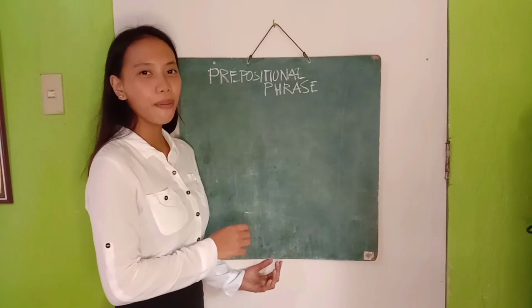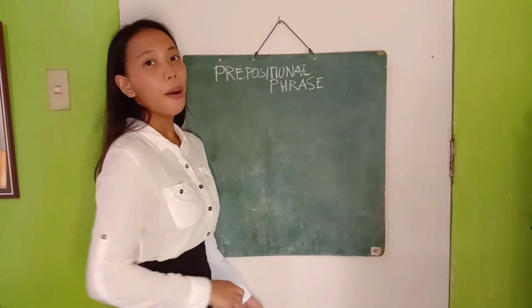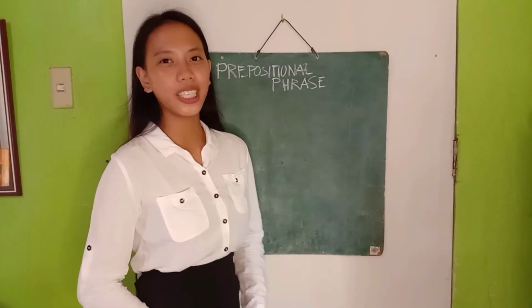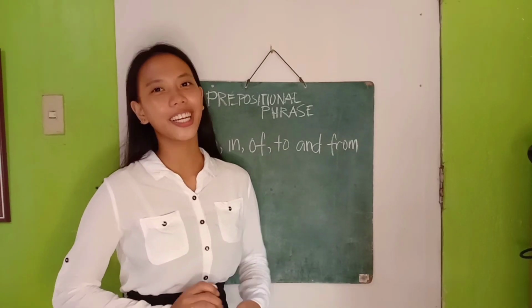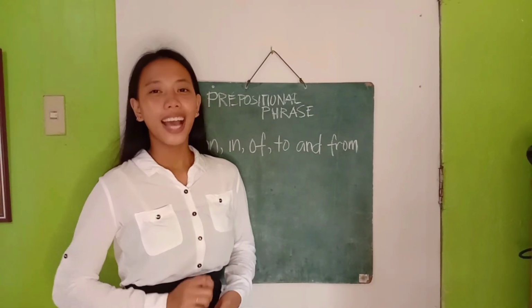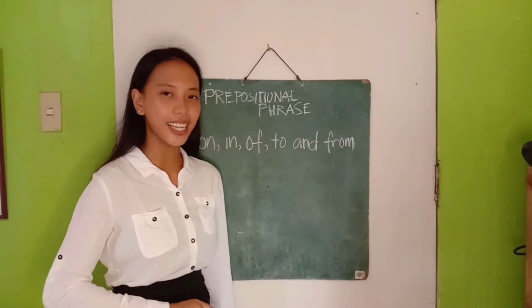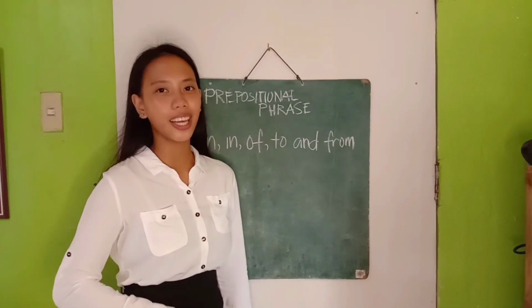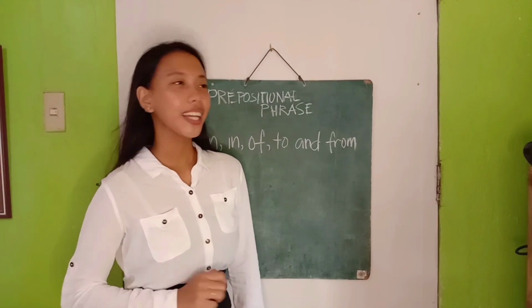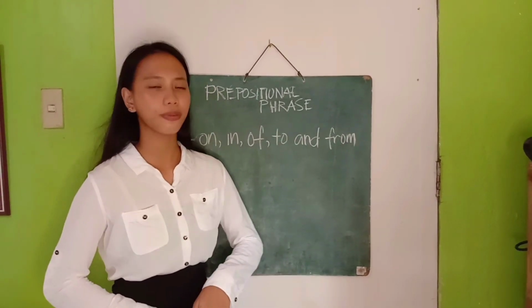Now to diagram a prepositional phrase. First, what is a preposition? A preposition is a grammatical term of a word that shows relationship between items in a sentence, usually indicating place, time, direction, and position.